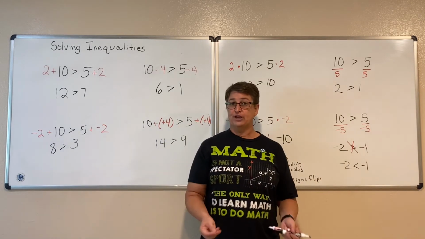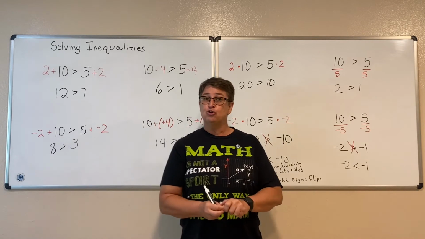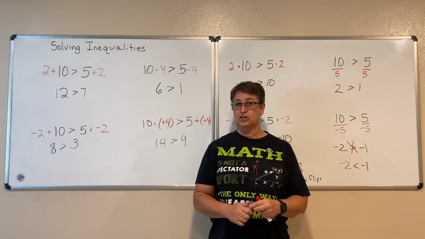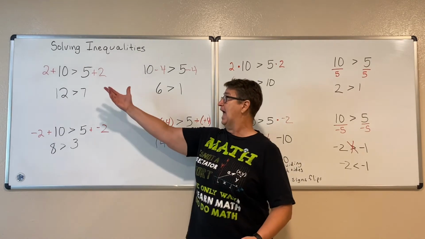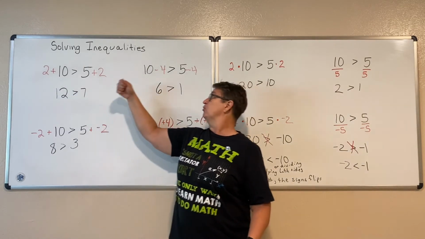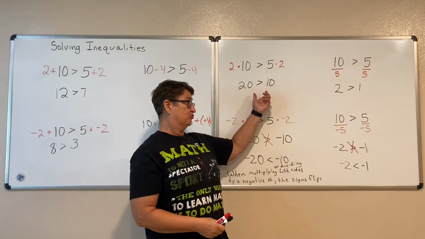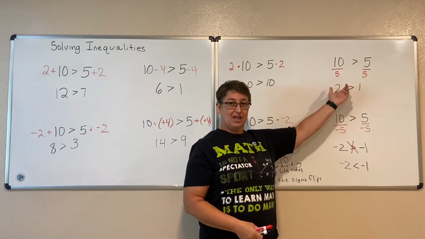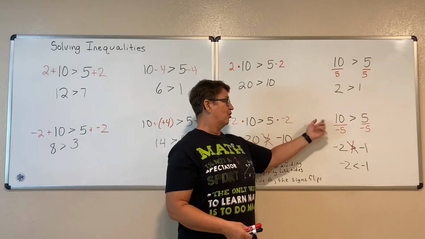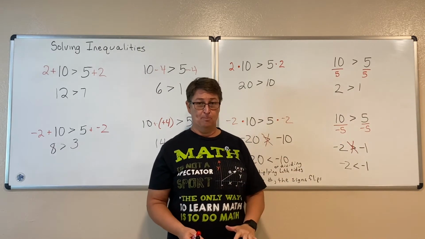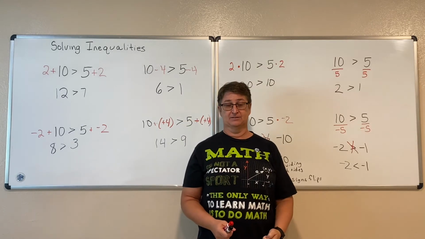We're going to solve inequalities, and we can do the same things for solving inequalities that we do when we're solving equations. We can add a number to both sides, we can subtract a number from both sides, we can multiply both sides by a number, and we can divide both sides by a number. But when we multiply or divide by a negative number, we must flip our inequality sign.